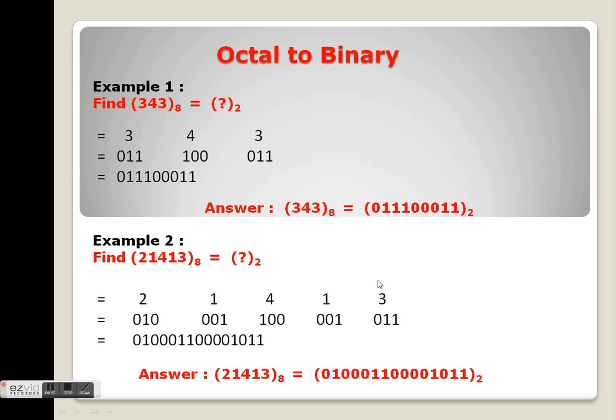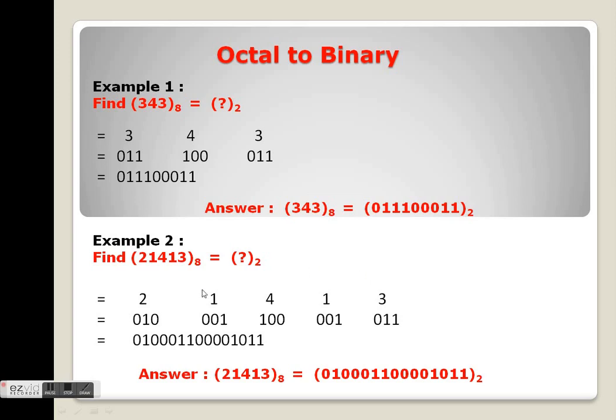For example, the binary of 3 will be 011. So in this example, the binary equivalent of 343 will be 011 100 011.